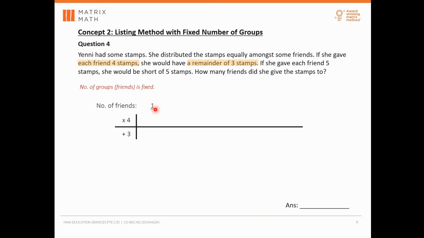Remainder of 3, that's why we plus 3. For one friend, it's 1 times 4, which is 4. 2 friends, you have 2 times 4, which is 8. And so on. Give a few numbers.